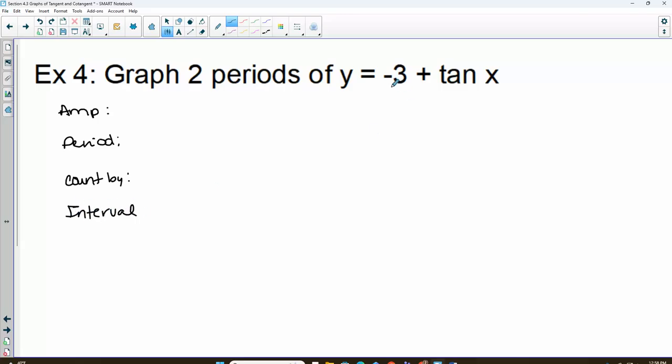What does that minus 3 do to my graph? Then what's my amplitude? Period?